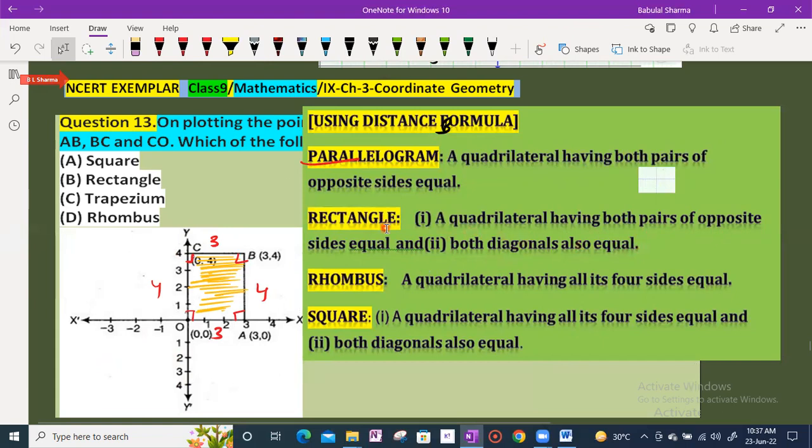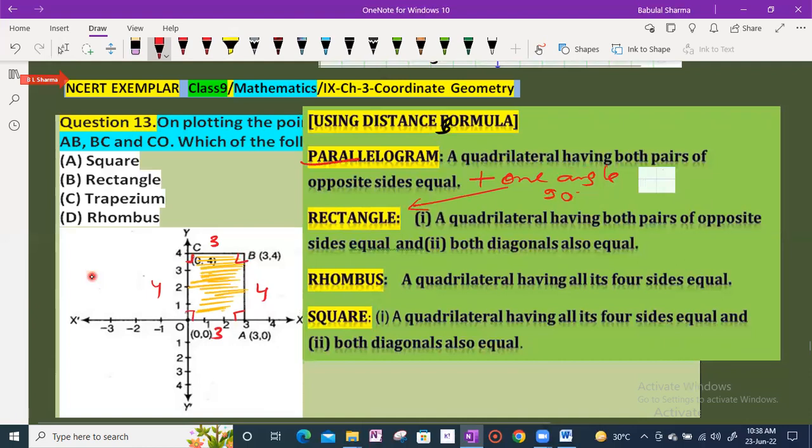But a parallelogram having one angle 90 degrees, that is a rectangle. एक ऐसा पैरेललोग्राम जिसमें अपोजिट साइड्स इक्वल हों और each angle 90 डिग्री हो, या ऐसा पैरेललोग्राम जिसमें only one angle is 90 degrees हो, तो भी ये रेक्टेंगल होगा. देखिए, OABC की अपोजिट साइड्स इक्वल हैं, इसलिए ये पैरेललोग्राम है, और इसका एक एंगल 90 डिग्री है.